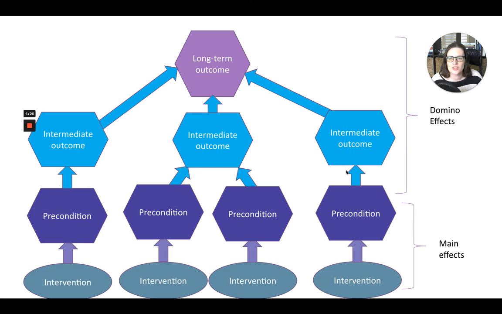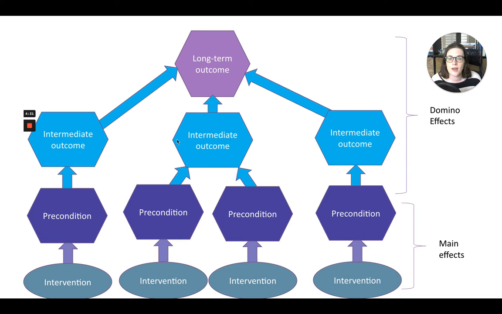A theory of change often is set up in terms of a diagram like this. And in the diagram, at the very top, we have our long-term outcome. That's the ultimate change that the network or social impact organization is hoping to see in the world. The intermediate outcomes are the things that are most proximate to the changes that you want to see in the long-term outcomes.